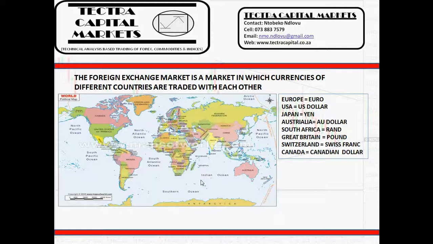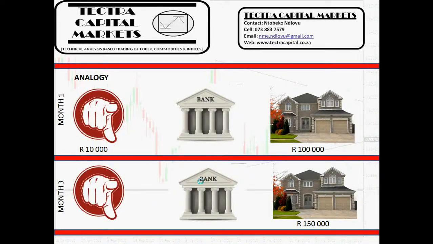So to give a more familiar example of how this would occur, imagine that you have 10,000 rand in your possession, and you have analyzed the housing market and have identified a house that is available in your view at a very cheap price, and you are of the belief that in the next 3 months there will be an increase in the price of that house.